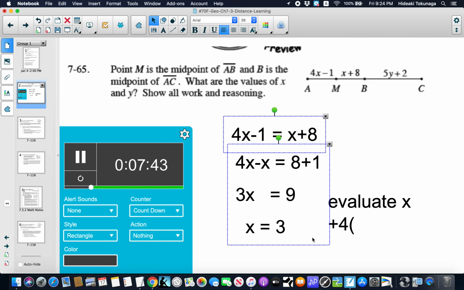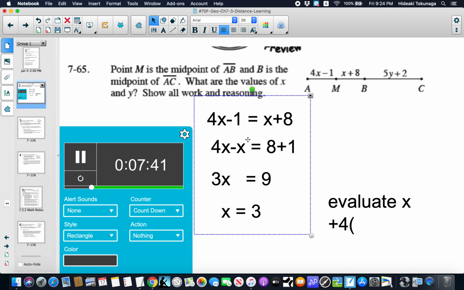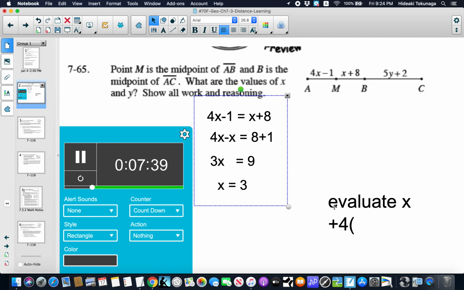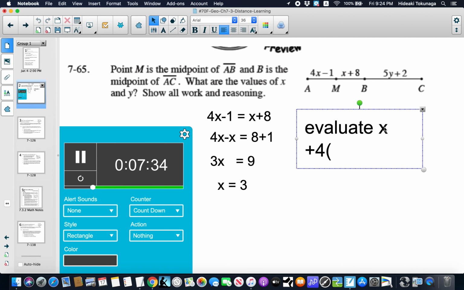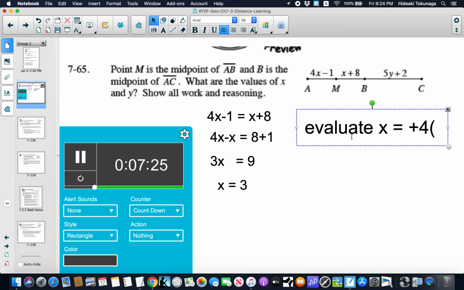Let me group this and move this one a little bit here. Okay, now take a look. Evaluate x equal to 3 in this equation.